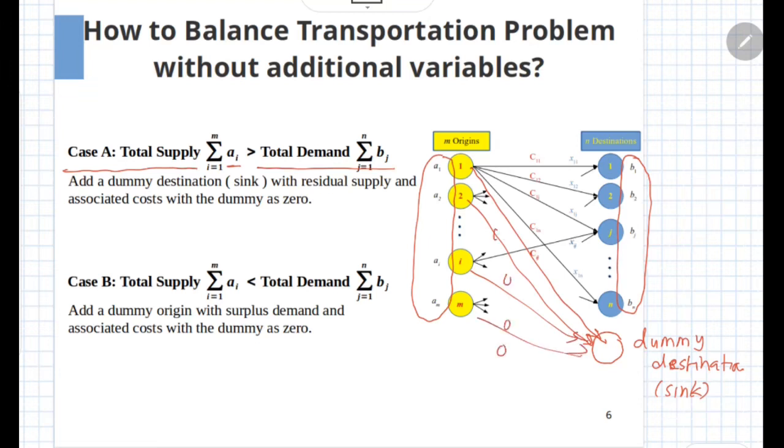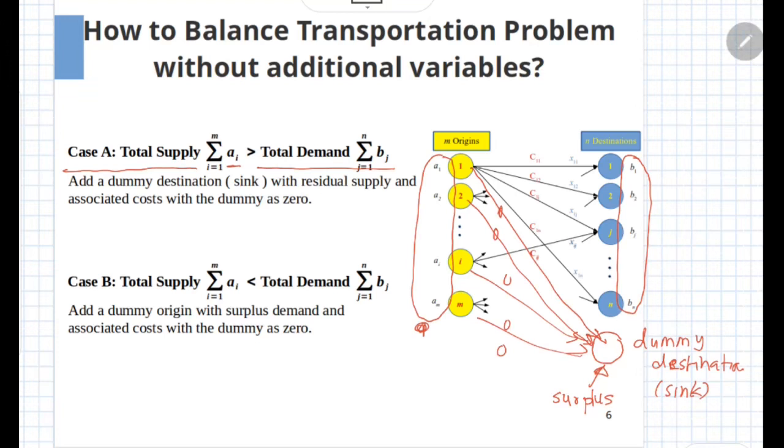Whatever surplus quantity is there in the origins is given as demand of the dummy destination. In this way, by introducing one destination, we can convert this problem into a balanced transportation problem, and the format of the equations becomes useful for the linear programming problem.